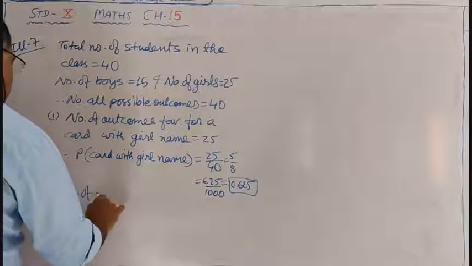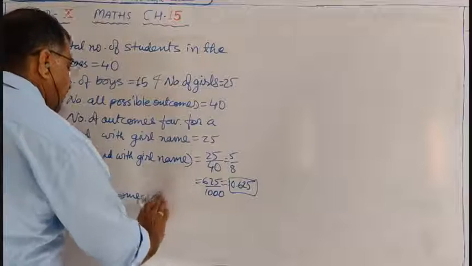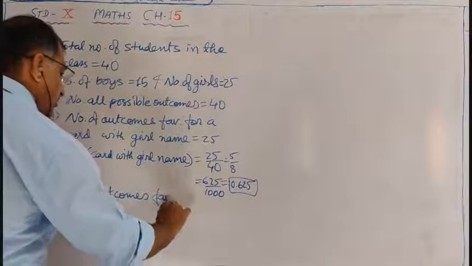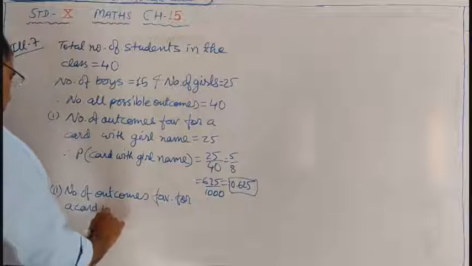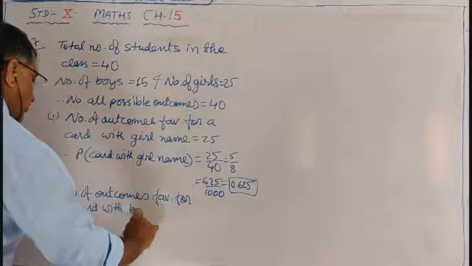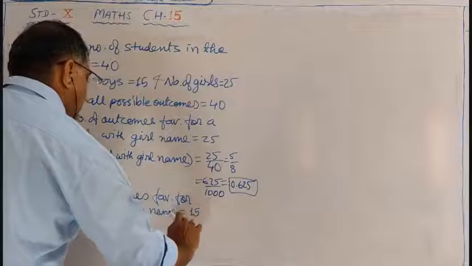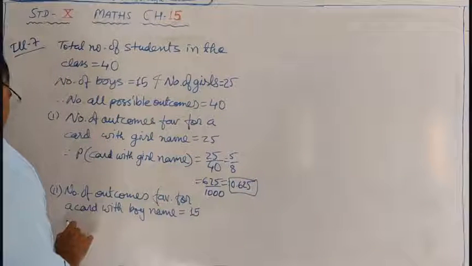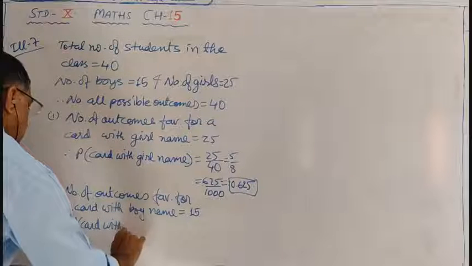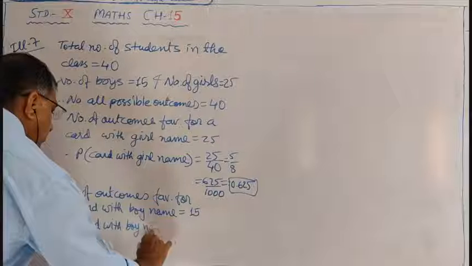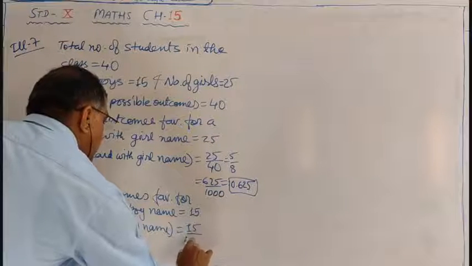Here number of outcomes favorable for a card with boy name is equal to 15. There are 15 boys, and therefore probability for the event that card drawn has boy name is 15 divided by 40.